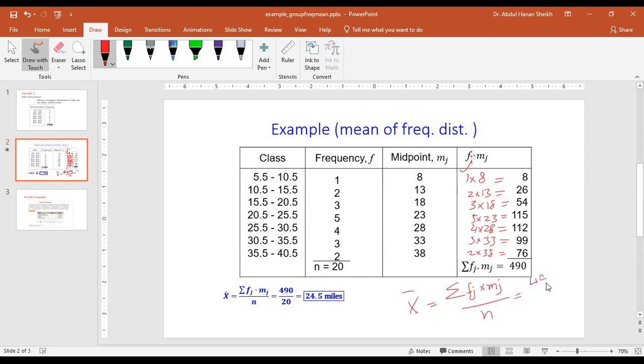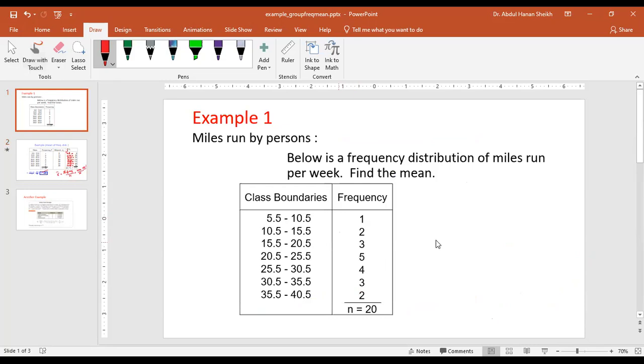This is 490. The sum of all these is 20, and 49 divided by 2 is 24.5. So this is the arithmetic mean of the grouped data, or the frequency distribution given in this table.